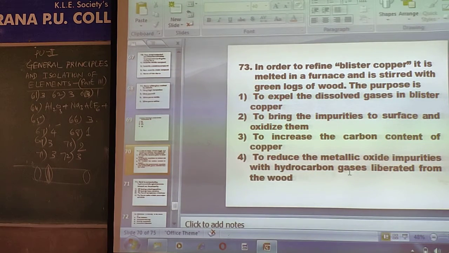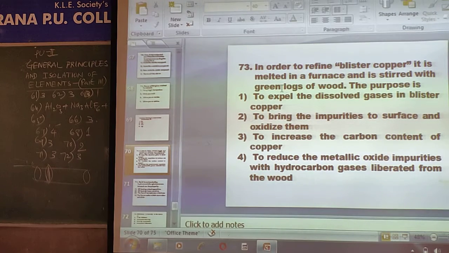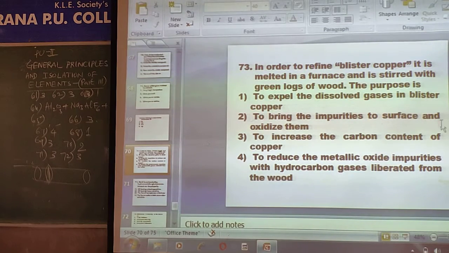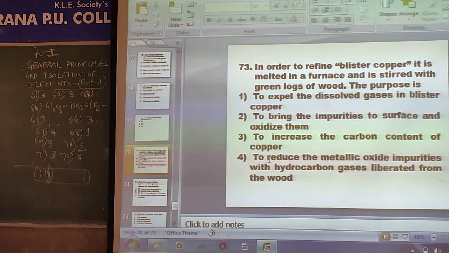Yes, in order to refine blister copper, as I already mentioned, it is melted in a furnace and stirred with green logs. Green logs means the trunks of plants cut into pieces. The purpose of this: to expel dissolved gases is wrong, to bring the impurities to the surface is wrong, to increase the carbon content is wrong, to reduce the metallic oxide impurities is right.